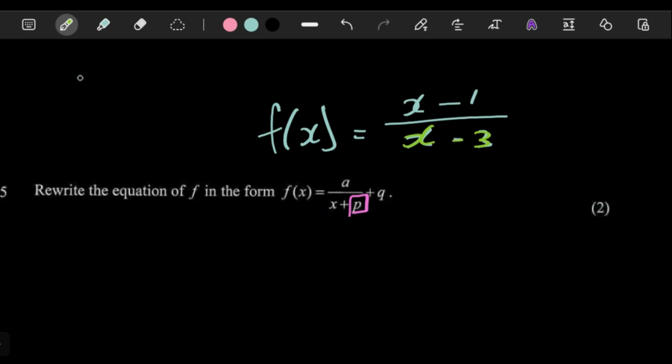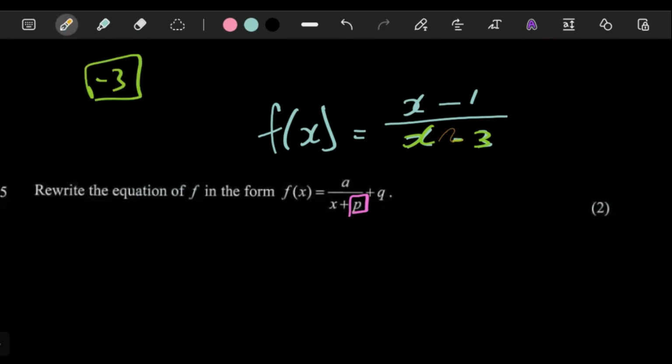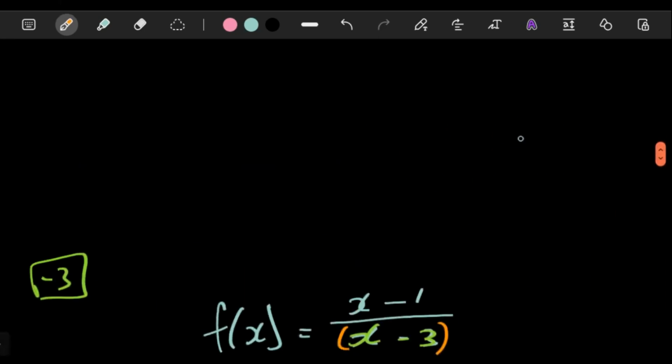To get negative 1 from negative 3, you have to add 2. So for the top, you want to rewrite it so that whatever you have at the bottom, you also have at the top, because when they ask you questions like these, 99.999% of the time, your value of q is 1.